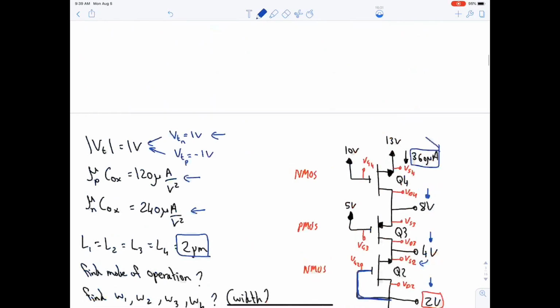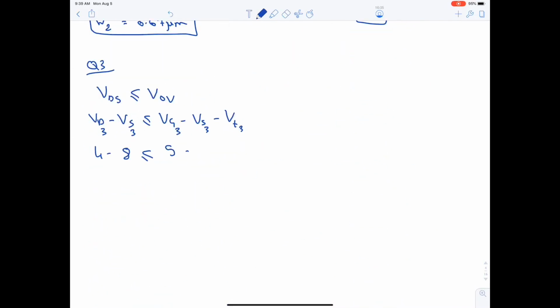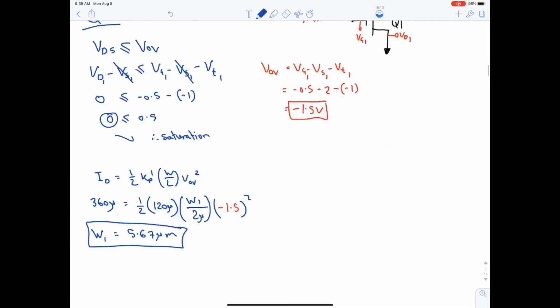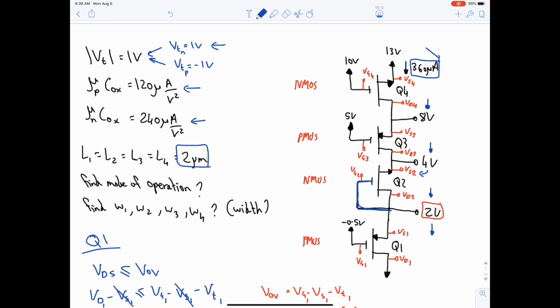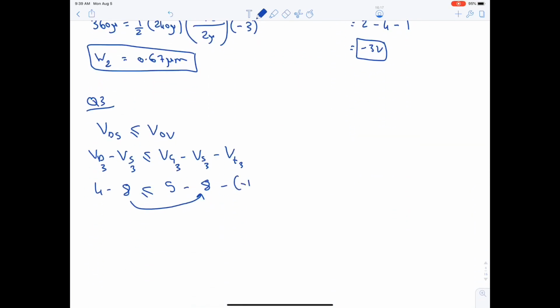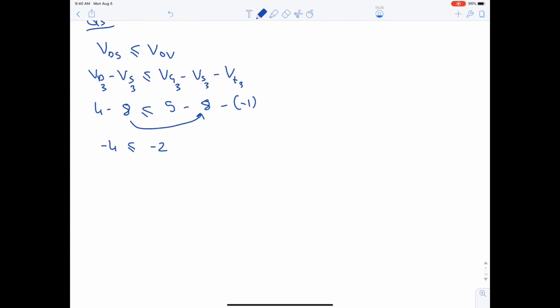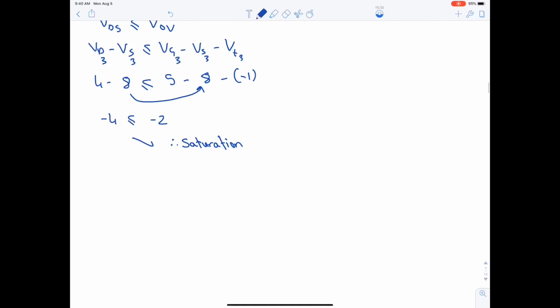VG3 is 5. VS3 is again 8. And VT3 is, because we're talking PMOS, minus 1. So 4 minus 8 is minus 4. 5 minus 8 is minus 3 plus 1, minus 2. Okay, so is minus 4 less than minus 2? Yes, therefore saturation.